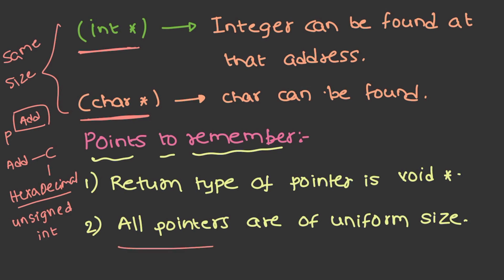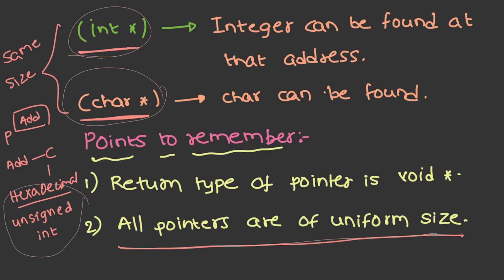So all pointers are of uniform size. This statement means that even though it is an integer pointer or a character pointer, every pointer stores the address and the address is of the format unsigned integer. So all pointers are of uniform size. This point is very important.